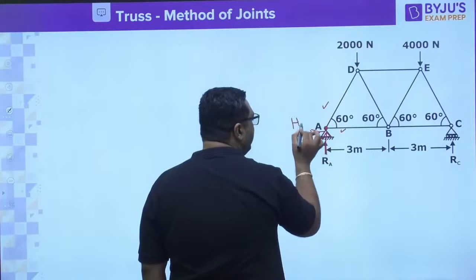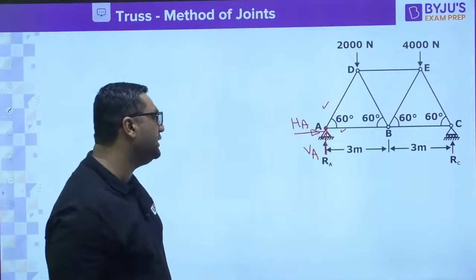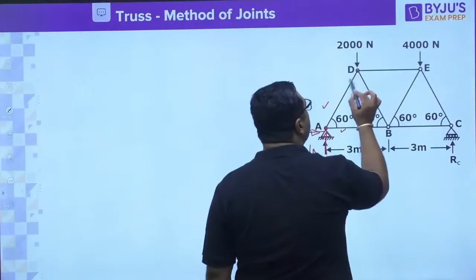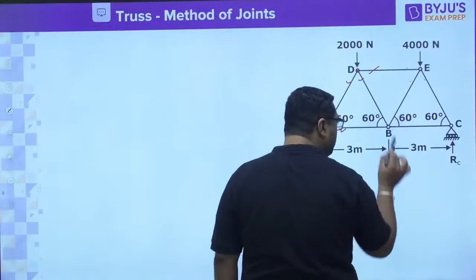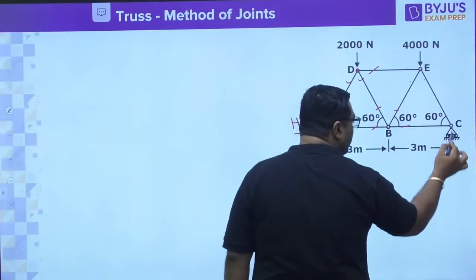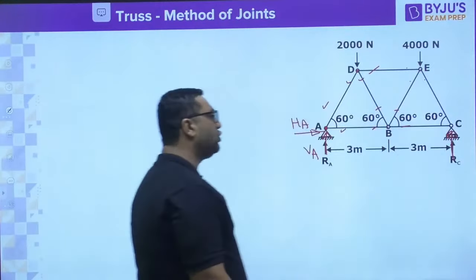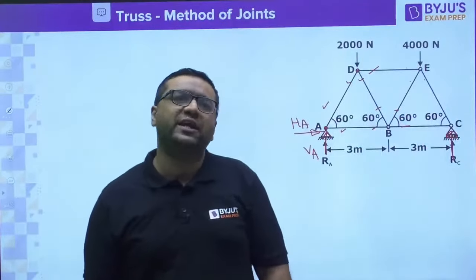Until we know the support reaction, we cannot use it. At this joint there are 3 unknowns. At joint E, there are 3 unknowns. At B, there are 4 unknowns. At C, the support reaction is also not known, so we cannot solve it. So in this case, we need to go for the support reaction first.